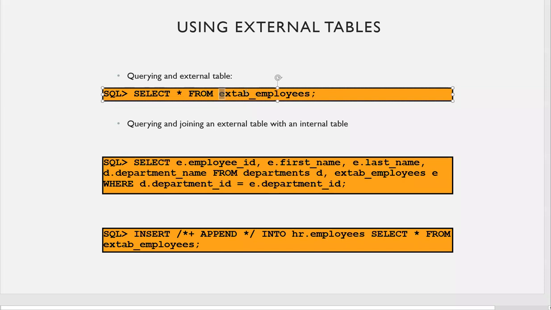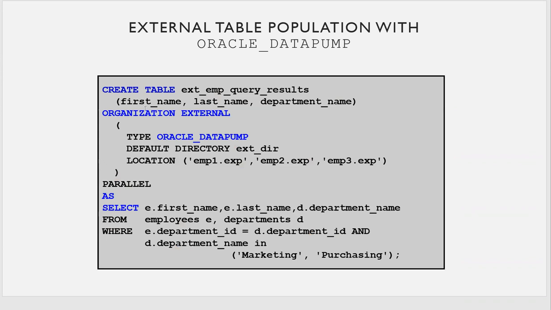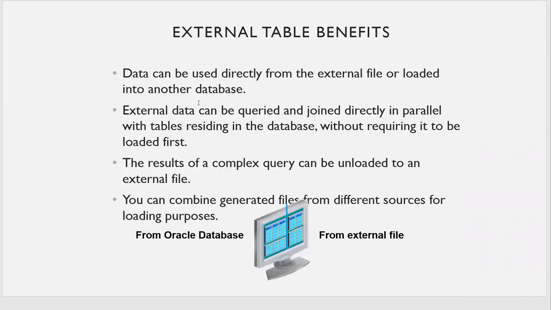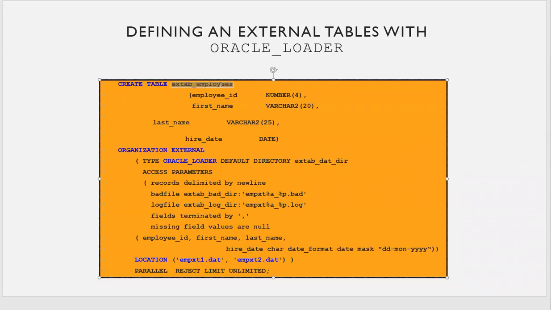They will directly read that file as a table that exists inside my database. That file will come today and be deleted by the end of the day, and tomorrow the new file will come with the same name, and you can directly read that data as an external table. The syntax is create table, external table, employee ID, first name, last name, and hire date.